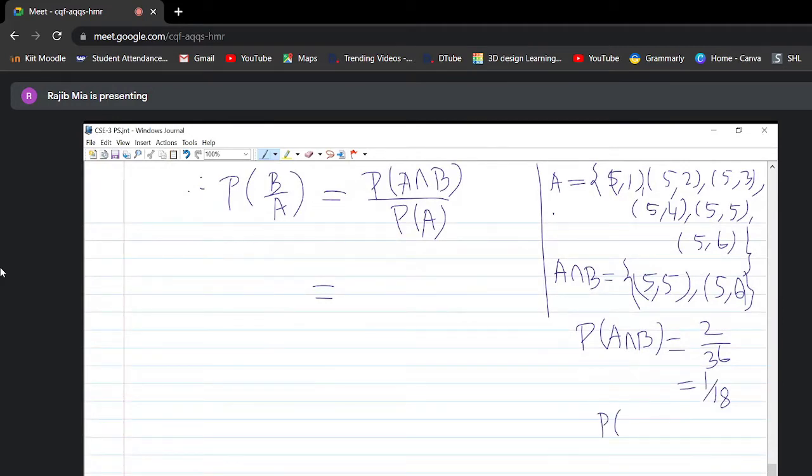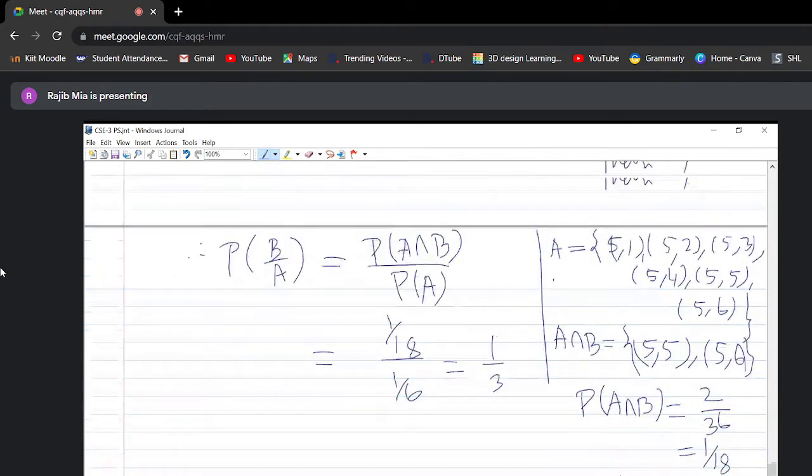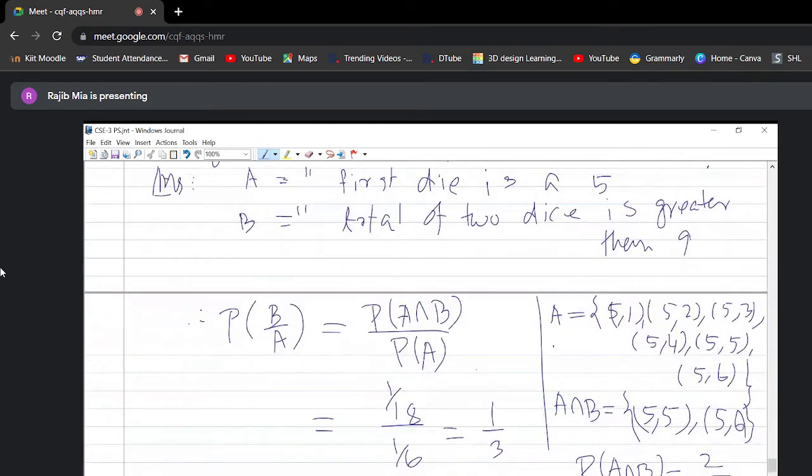And probability of A, this is number of outcomes in A, that is 6, and total number of outcomes is 36, that is 1 by 6. So this is 1 by 18 divided by 1 by 6. This is 1 by 3. This is the answer, 1 by 3.